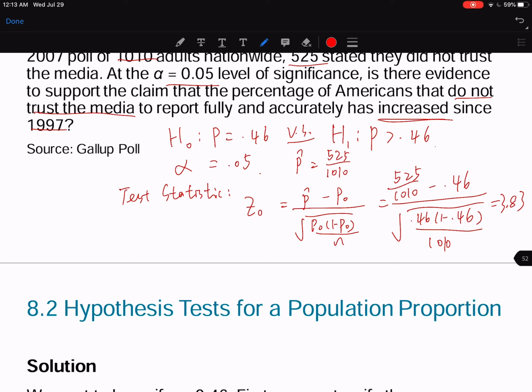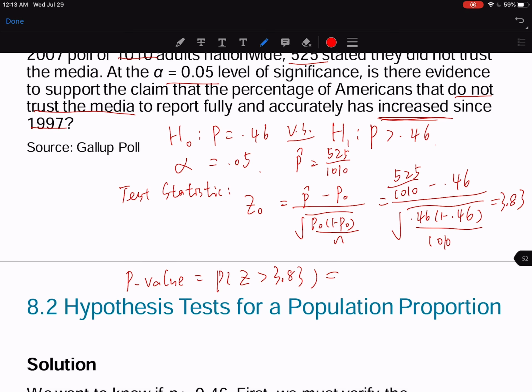All right, and since we are doing a right tail test, we got the statistic, we're going to have to find the p-value, right? So the p-value is going to be equal to the probability z is greater than this z sub 0, which is 3.83, right? Why is it greater than? Because we are doing the right tail test.